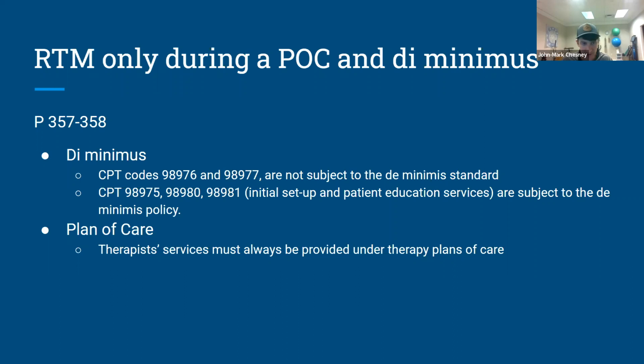I'm sorry, for those two the de minimis is not applied. 98975, 98980, and 98981 have the de minimis, which is the reduction for a PTA delivering the service, if those services are provided by a PTA or a COTA.